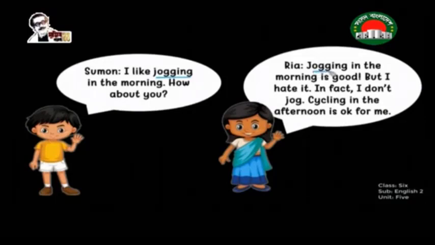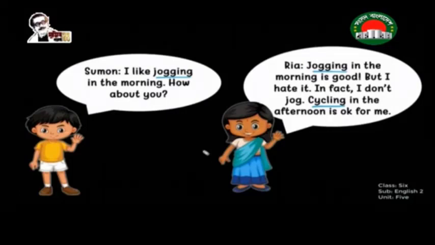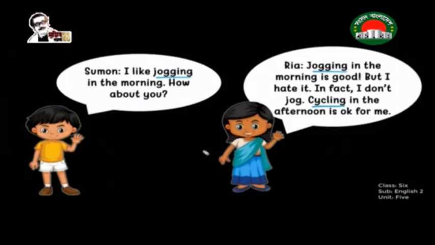Here also jogging and cycling. Yes. So here jogging uttered by Shumon is an object, whereas jogging and cycling uttered by Ria are subjects. But in both cases, jogging and cycling are activities.